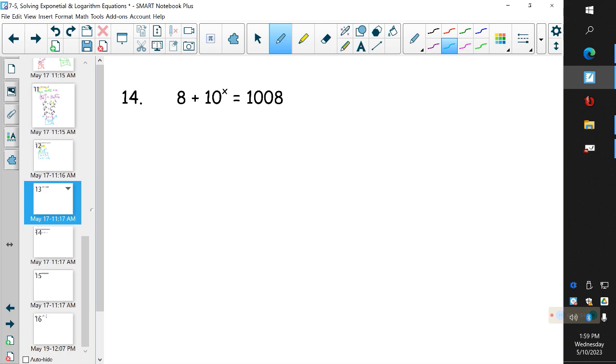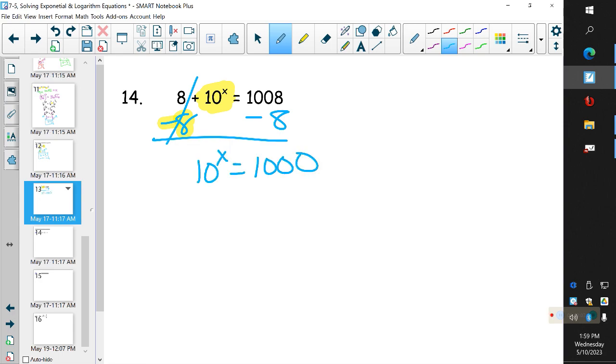Next, number 14. Isolate. This is what we're isolating, so we're going to subtract 8. So I'm going to have 10 to the x is equal to 1,000. So now, how do I rewrite so that my bases are the same? Well, 10 is going to stay, but 1,000 is 10 cubed, which means x is equal to 3.